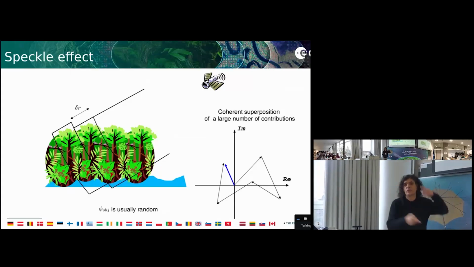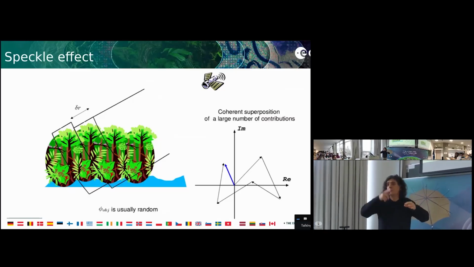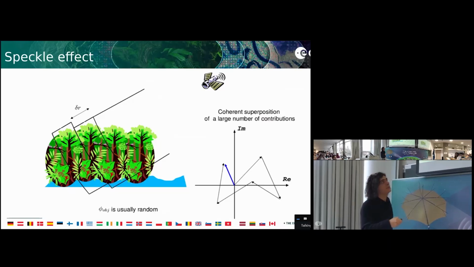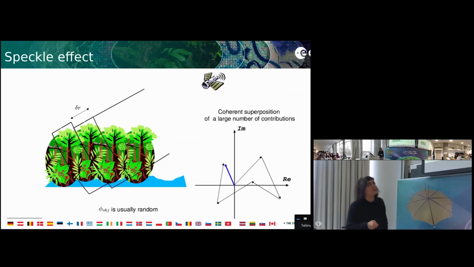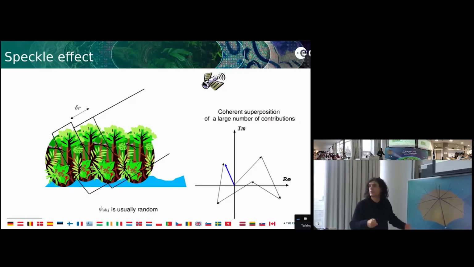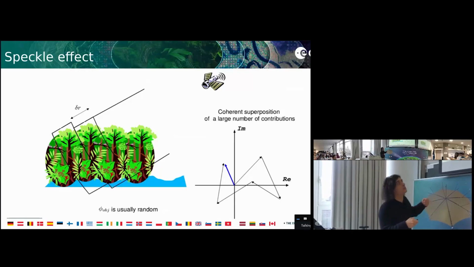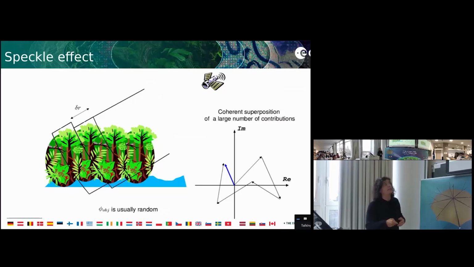The phase changes. We'll see later that the phase is uniform, so it is completely random. At the end, we get this blue vector, which corresponds to none of the contributions which were summed up to create the final vector. So in this case, the result appears very noisy, and this is called the speckle effect.